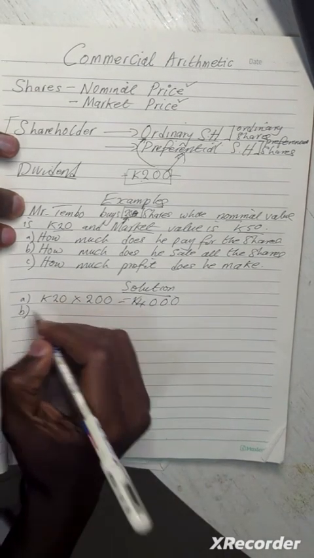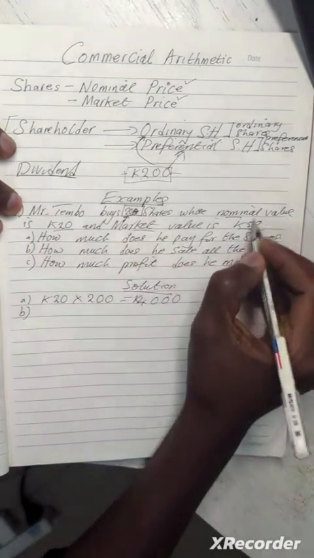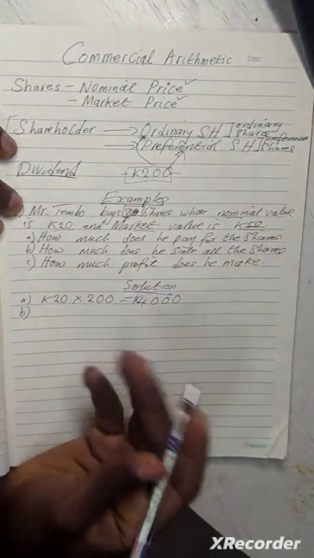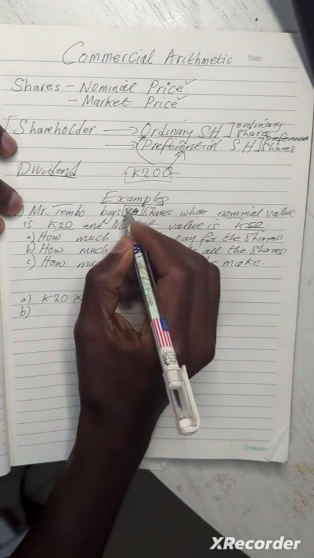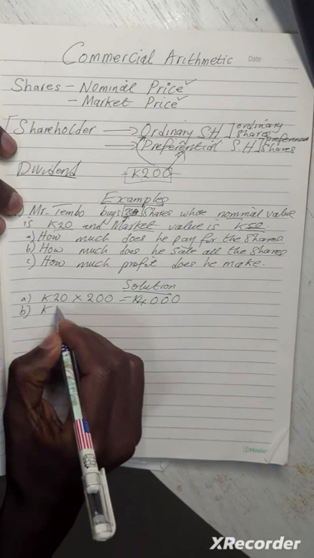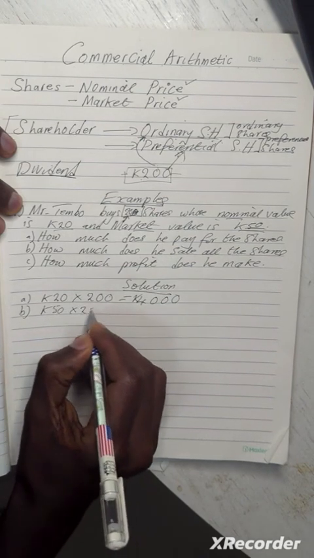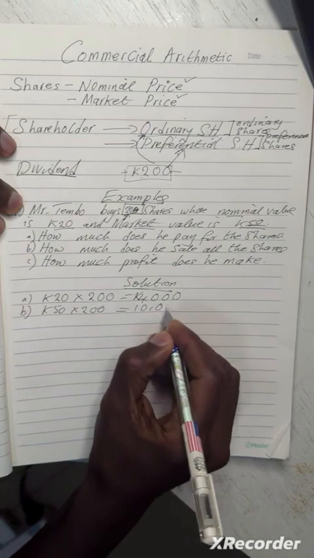Question B. How much does he sell all the shares? Now the market value for these shares is 50 kwacha. So the market value is 50 kwacha times 200. So 5 times 2, 10, is going to be 10,000.